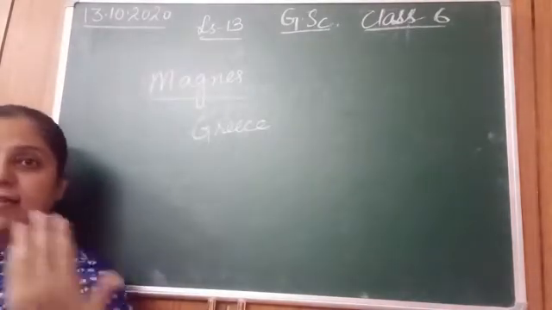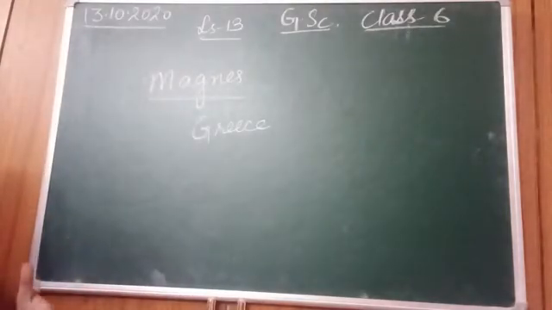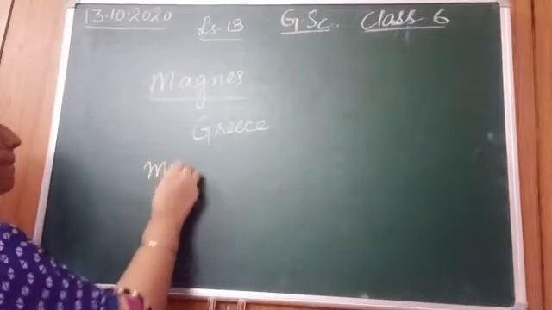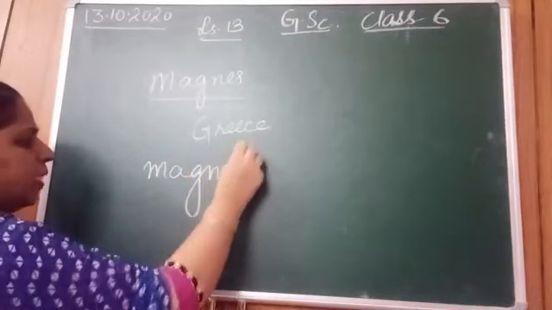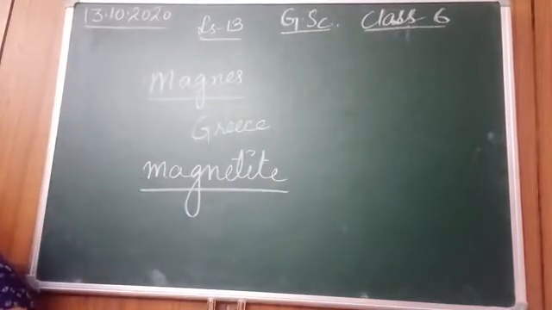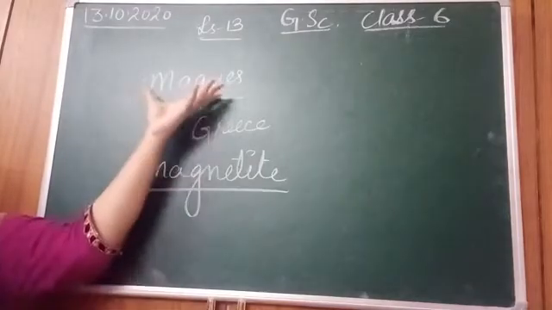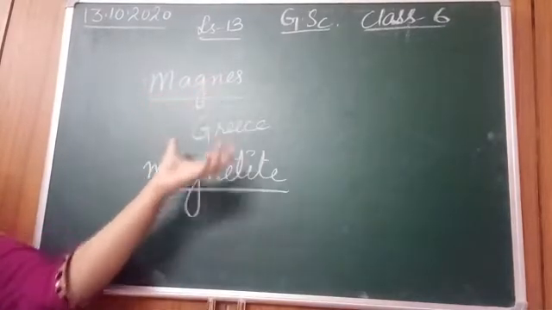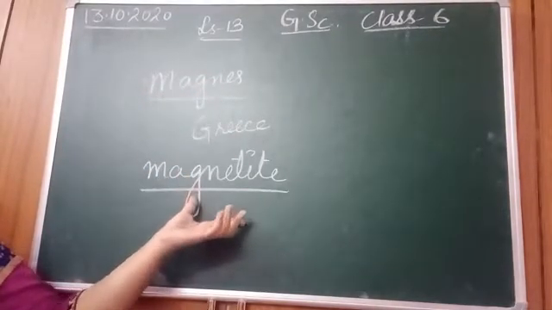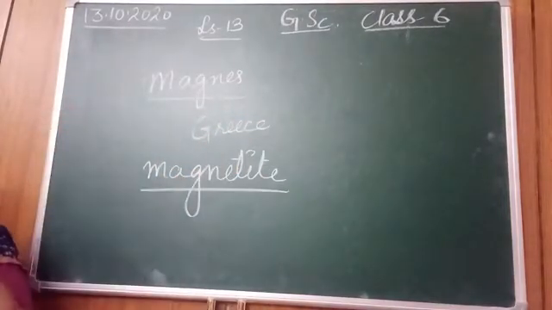Later on, the discoveries started, and such rocks that can attract things were named magnetite. Perhaps the name was given after the name of the boy Magnus, right? So from here the story of magnets begins, right?